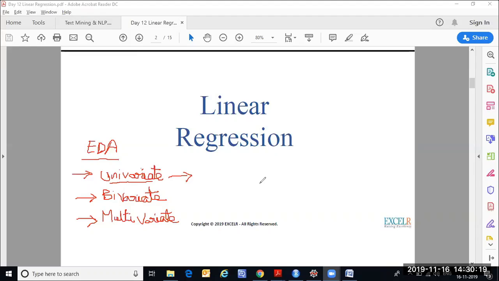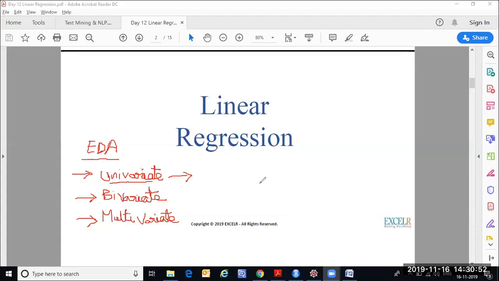Is it normally distributed or not? How do your basic statistics look, the mean, median, mode, variance, range? And whether you have any outliers in your data. Clear? So these are what we can perform at the univariate level.